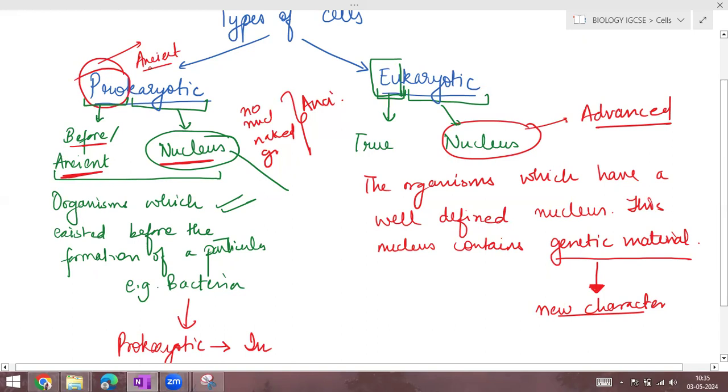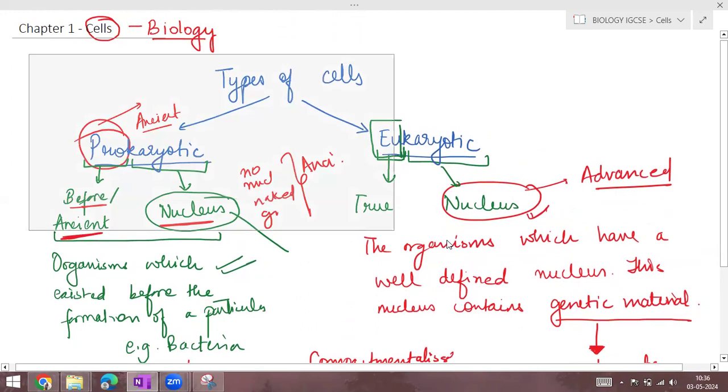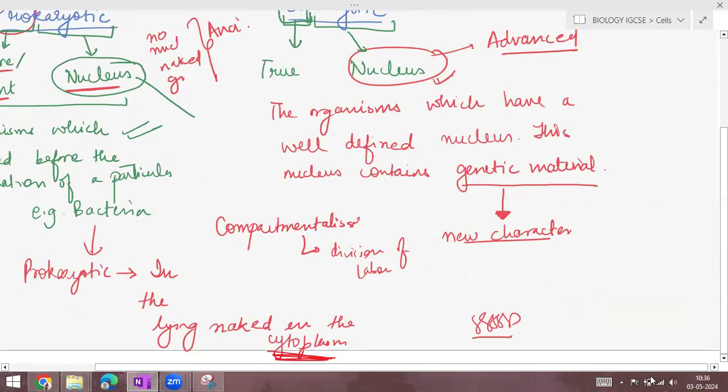But then as life started, evolution happened. We will study shortly about compartmentalization or division of labor, and see how the evolution and the upcoming of the nucleus led to even better performance of the cell. Okay, now let's move forward.